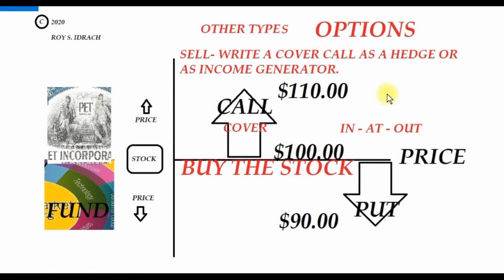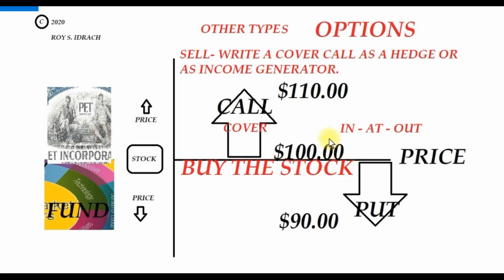So maybe the premium is $5, so you're going to get an extra $500. You can also sell the option in the money, at the money, or out of the money. In this case, I'm selling an option, and 110 is out of the money because the price is 100, and I own the stock.